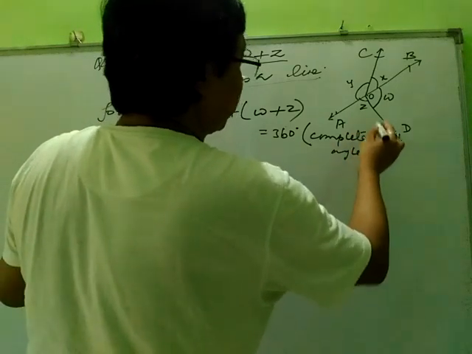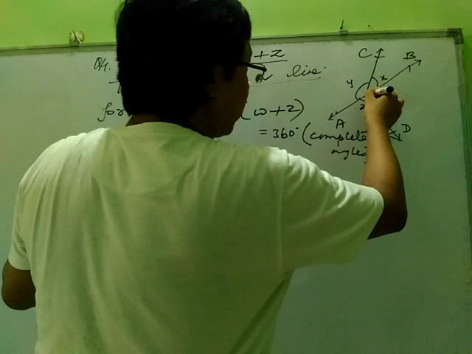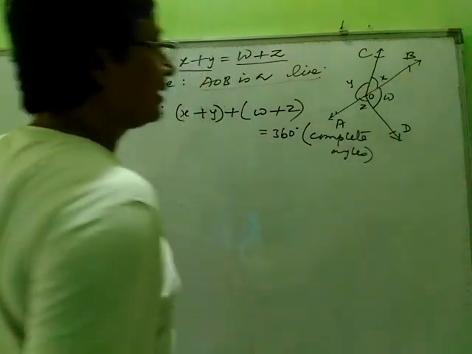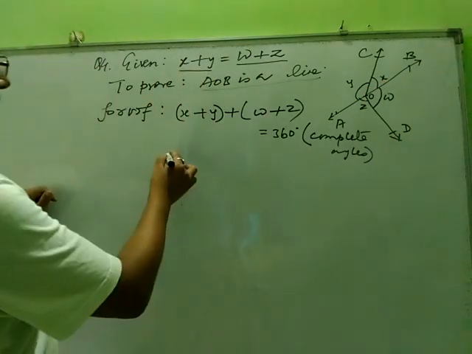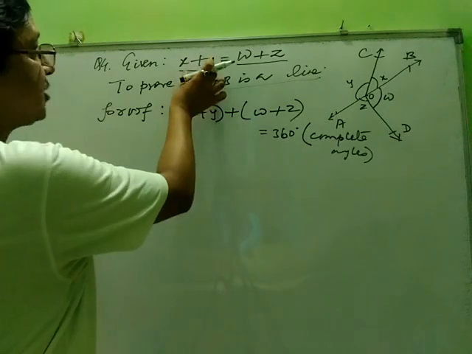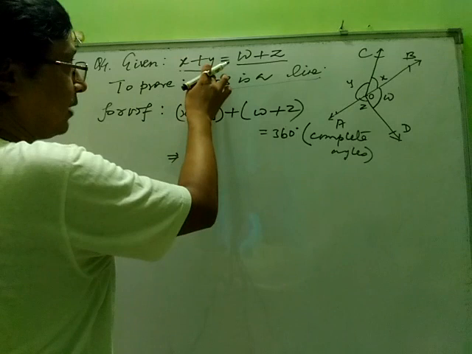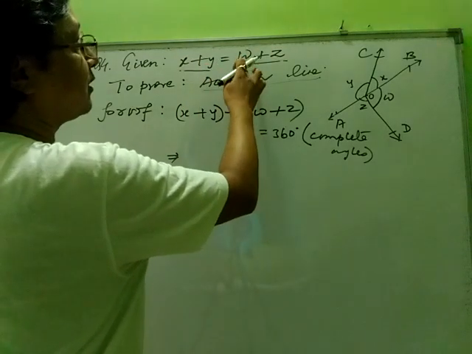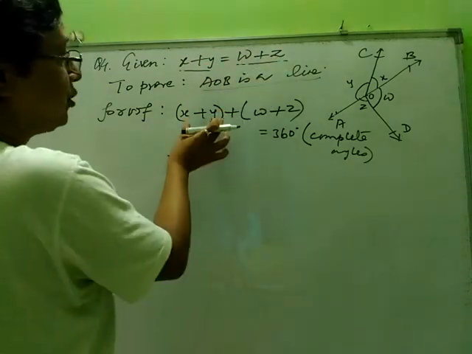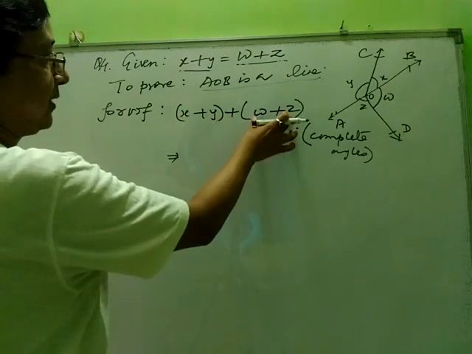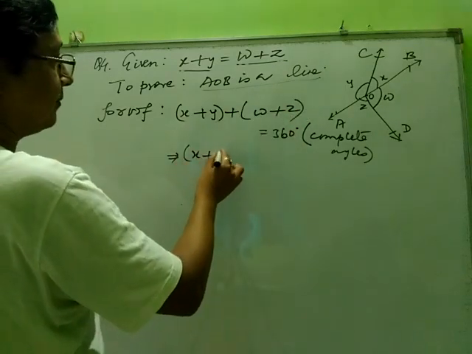Because all the angles around this point O will always be 360 degrees. Now here they have given that these two pairs are equal: the sum of the pair of angles x plus y equals the sum of the pair of angles w plus z. Now you can replace either one. So let us keep x plus y.